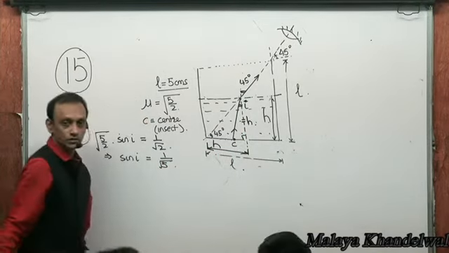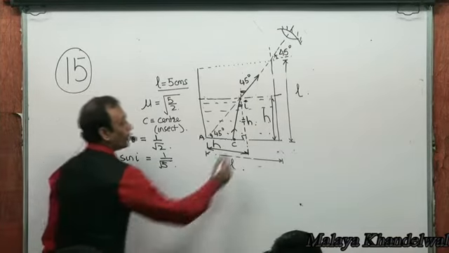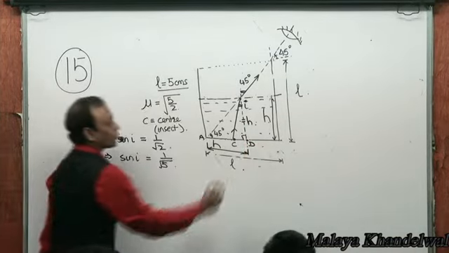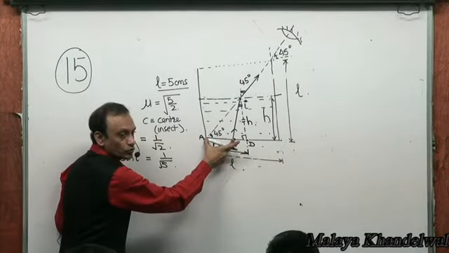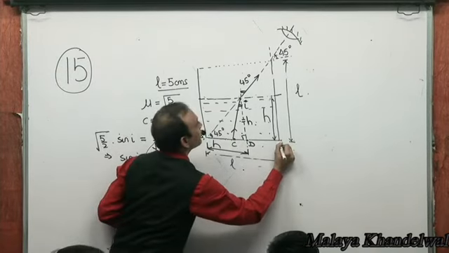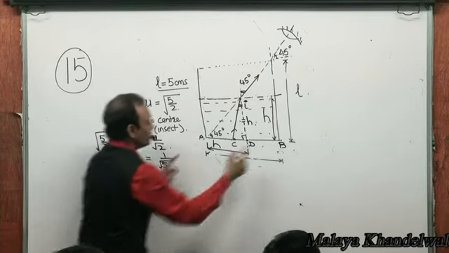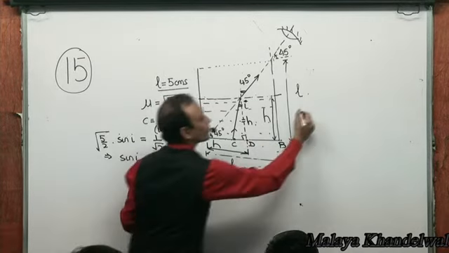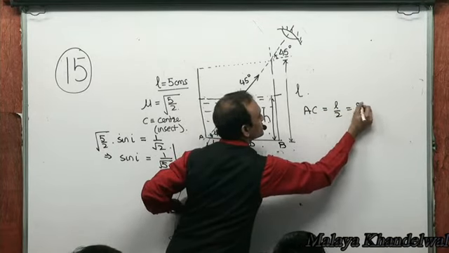Now, what is AC? C is the midpoint of AB, so AC would be L by 2, which is 5 by 2 centimeters.